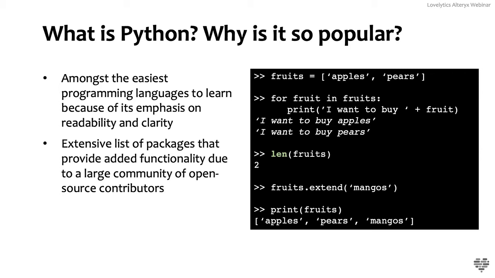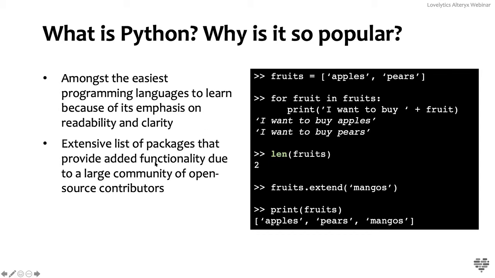If you think about how you would explain this code, I would say, for every single fruit in this list of fruits, I want to print a statement that includes the fruit in it. And this is not something that you can do in many languages, in fact. Python is written specifically to allow the code to be as readable and as clear as possible, so that you don't have to spend too much time understanding what's going on behind the scenes in the code.